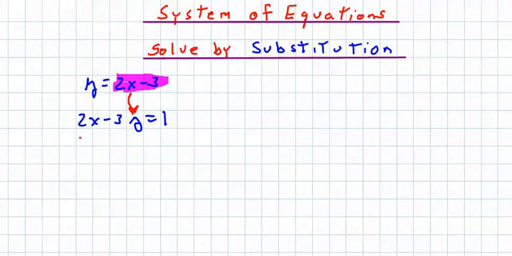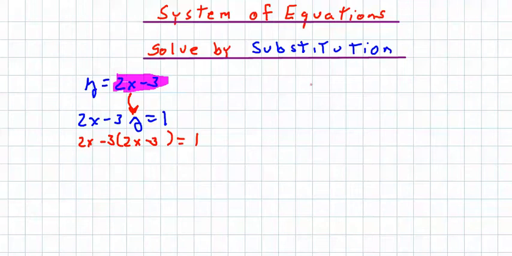So we had 2x minus 3 times, and instead of y, we used 2x minus 3, and we solved. That's what we did yesterday.